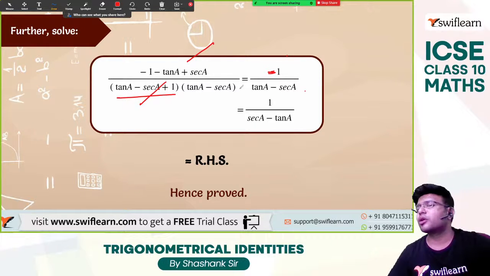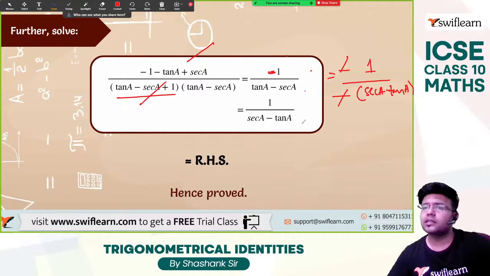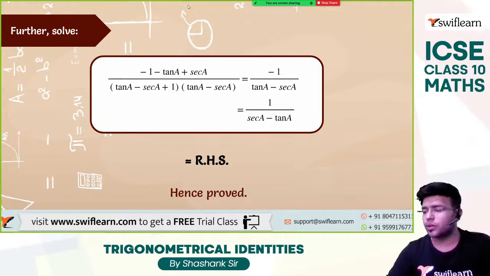Take minus common on the numerators and denominators. We have minus 1 divided by minus sec A minus tan A. Minus minus cancels. We have 1 by sec A minus tan A, which is equal to RHS. Hence, this is proved. Okay.